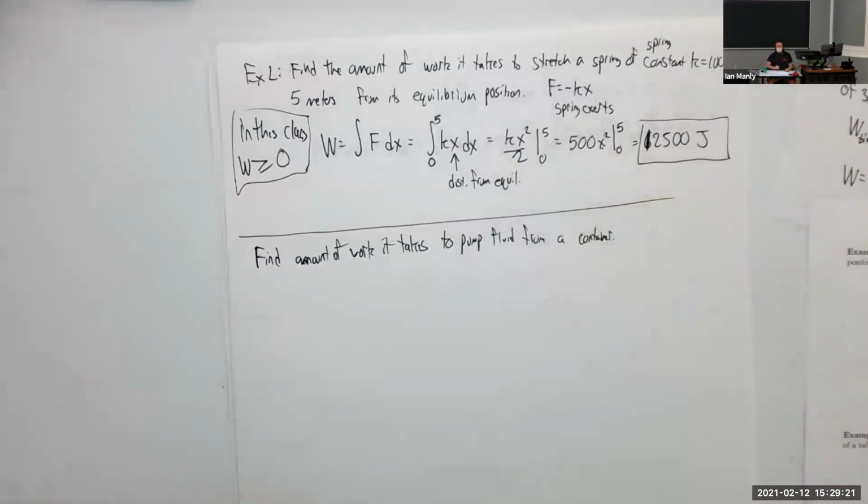So I guess this isn't as relevant in Florida, but say maybe you're up north and you want to drain your swimming pool for the winter. So you're draining your swimming pool and the pump's doing an amount of work. How much work does that pump need to exert? How much energy do you need to supply to the pump in order to get all of the water out of the pool? And we're going to be answering questions like that with different shaped containers.